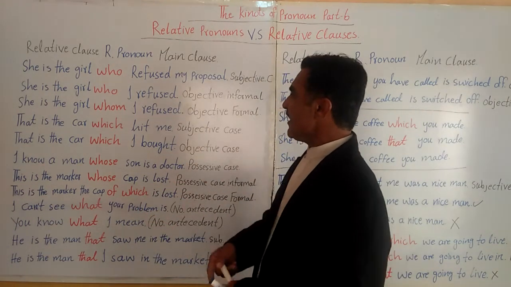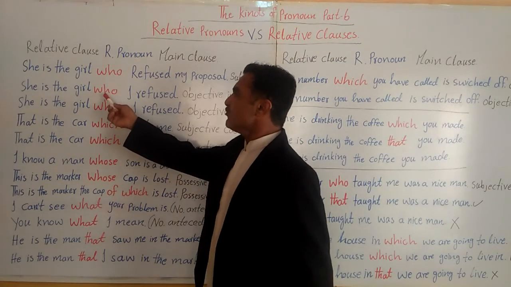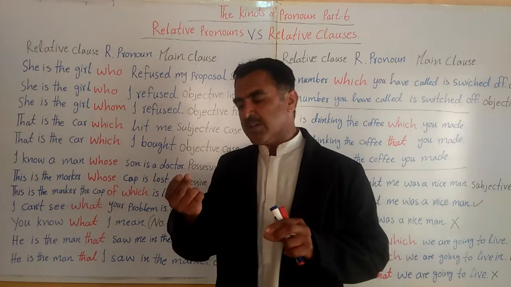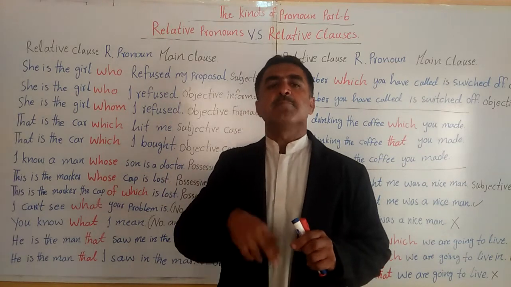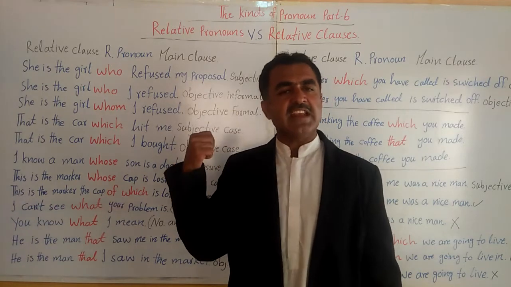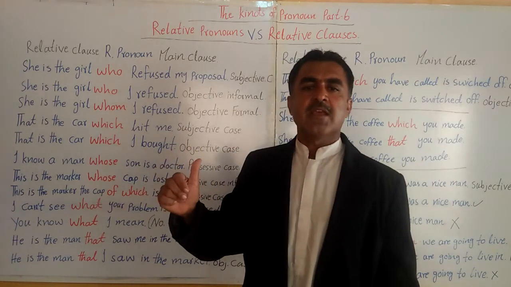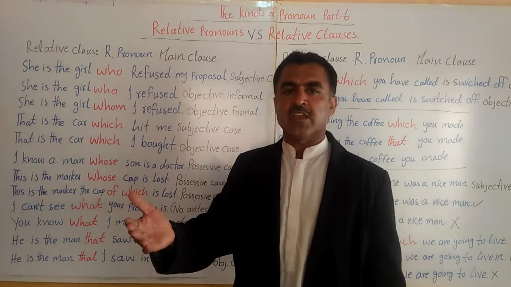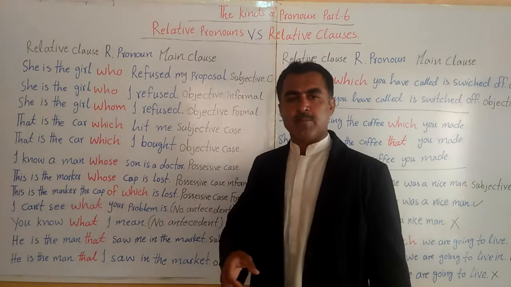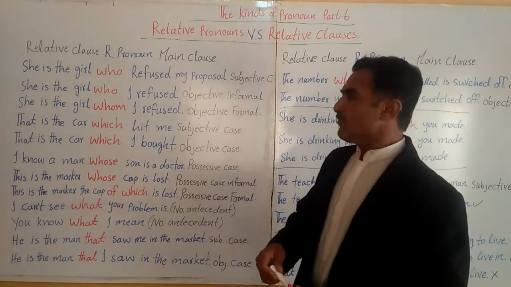Now here we can use who for both subjective cases and objective cases. For subjective cases it's okay, but when we use it for objective cases, then it will be informal. Means when it comes to speaking it's okay, but when it comes to writing, it can be wrong. Why?